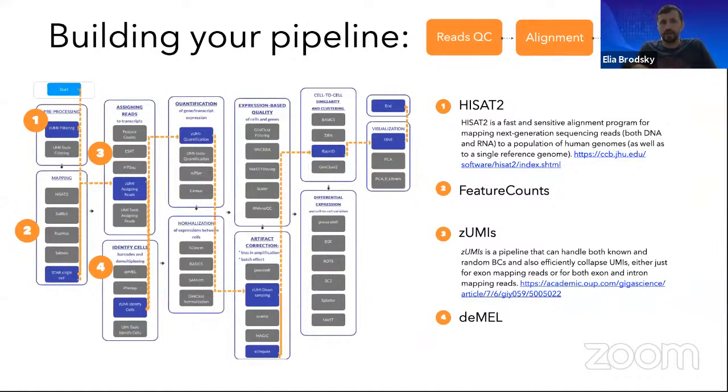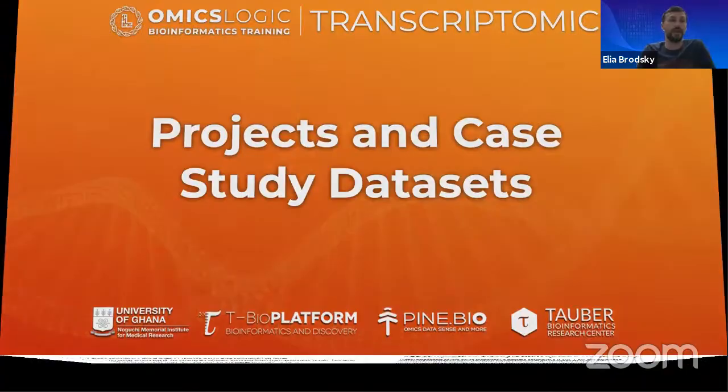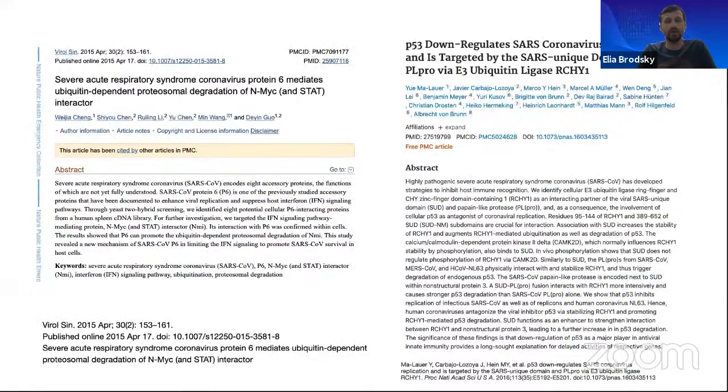data sets. Now, throughout this program, we will refer to projects and case study data sets. So we will not be just using these methods to understand the practical technical aspects of these methods, but we'll look at examples where these methods have been applied effectively. And so we'll take a look at some of the research methods included in publications that reveal how these types of methods are used to understand infection by Ebola virus, by SARS-1 and SARS-2 viruses, as well as malaria.